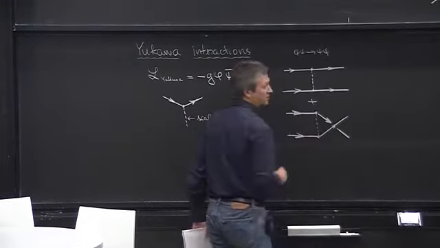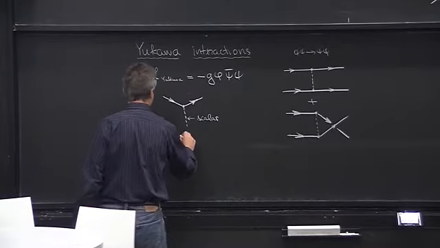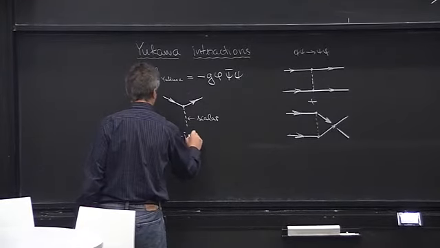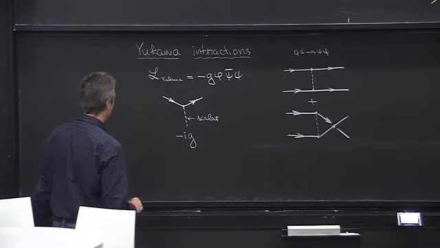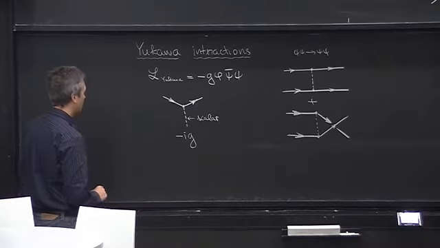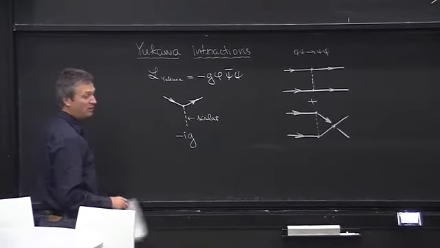Okay. So let's see. The vertex then comes with the factor of minus ig, right? And no gamma matrix.